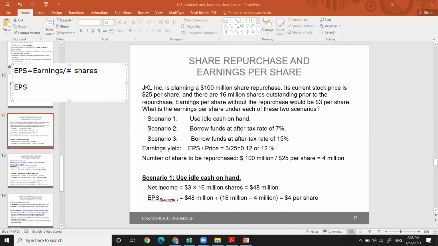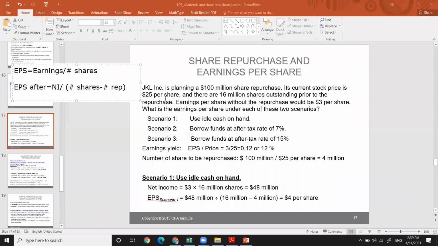What we need to estimate is the earnings per share after. This is earnings, or net income, it is the same thing, divided by the number of shares, let me open the bracket, this is what we know, but with subtraction of the number of shares repurchased. This is the idea of finding the EPS after it.